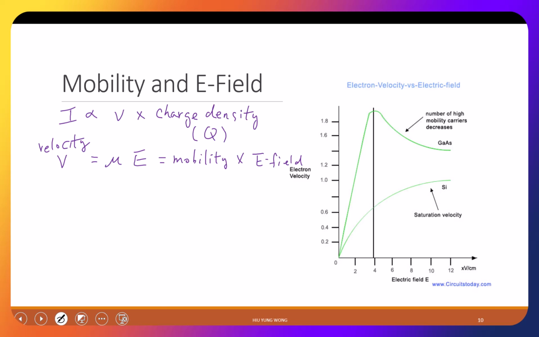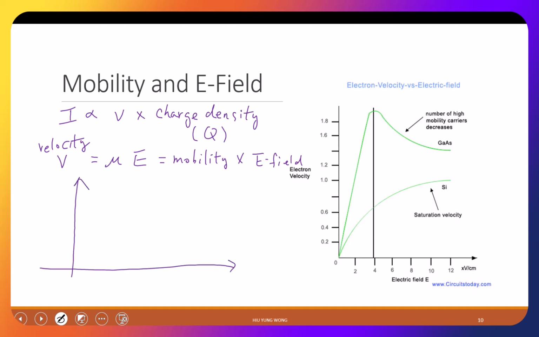Does that make sense to you? Larger electric field, faster electron. This is not a tricky question. I'm not tricking you. Yeah, larger electric field, I move faster, right? Make sense, right? But however, this is not always true.